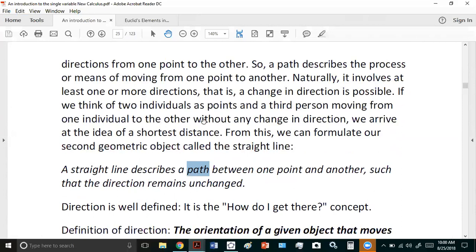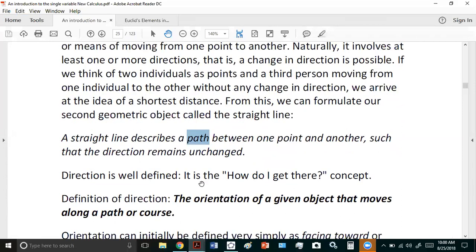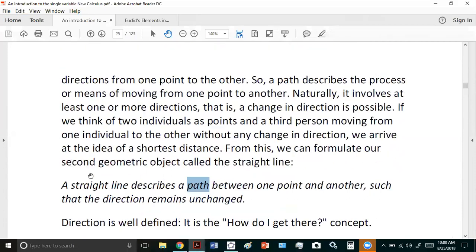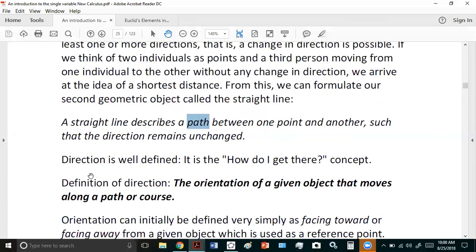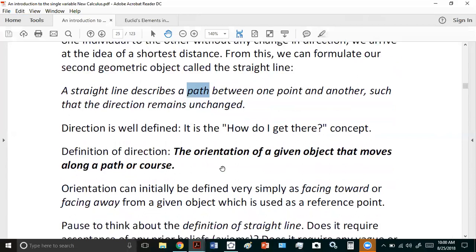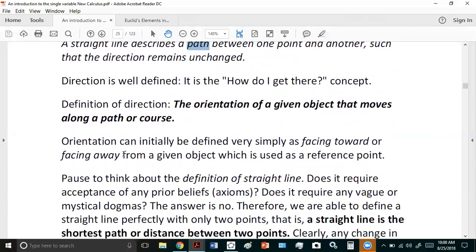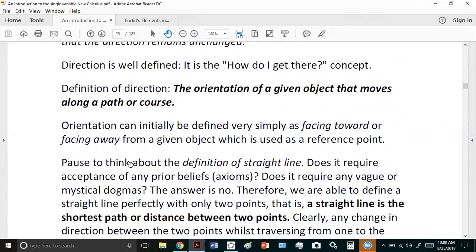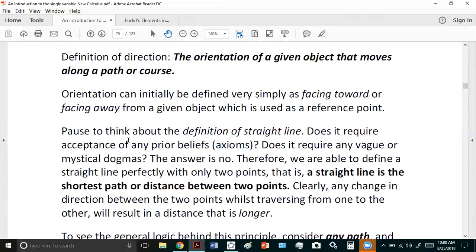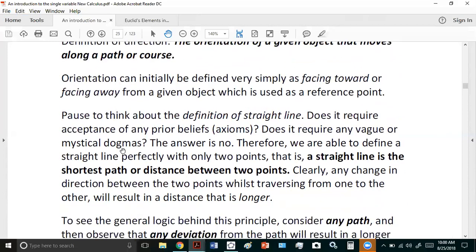Path, direction, and everything else. Direction is well defined. It is the how-do-I-get-there concept. And path is also well defined. And if you read in here, you'll see all these definitions are defined from nothing.